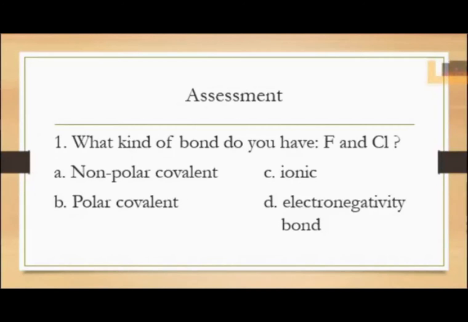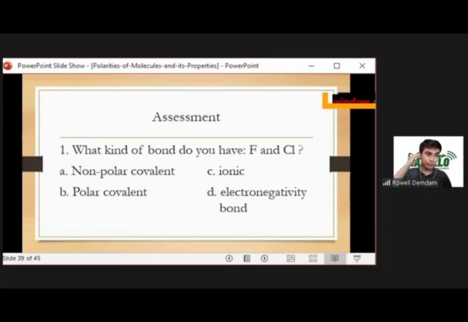Or D, electronegativity bond. So all you have to do is to identify if fluorine and chlorine is a metal or non-metal element. You can comment the letter of your answer.